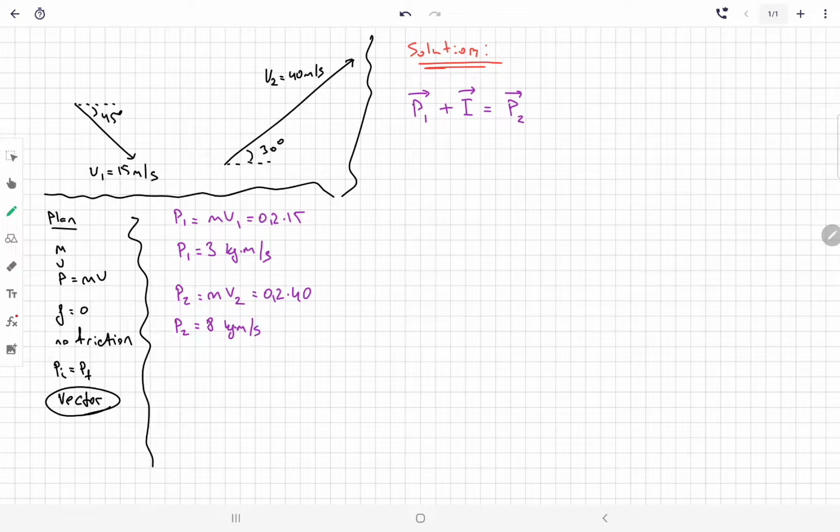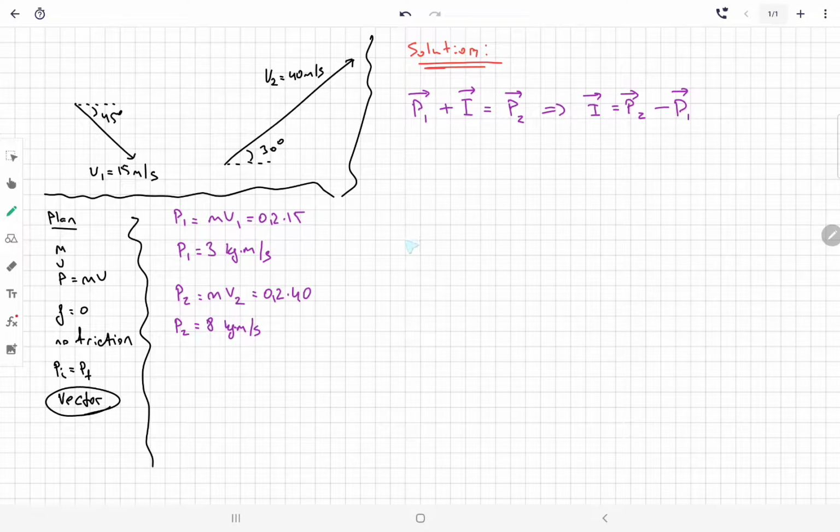So numerical values of momentum, initial and final, are given. Directions are also shown in this figure. We need to find impulse. So the impulse from this equation equals final momentum in vector form, minus initial momentum in vector form. That's all. Further is just the addition of two vectors.